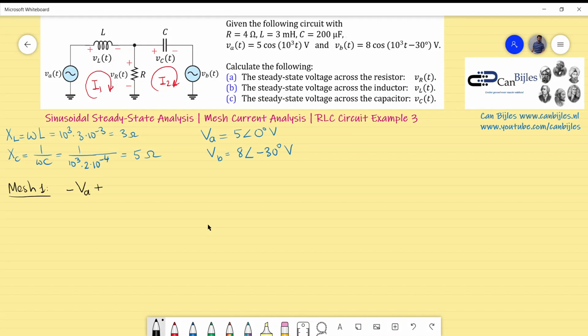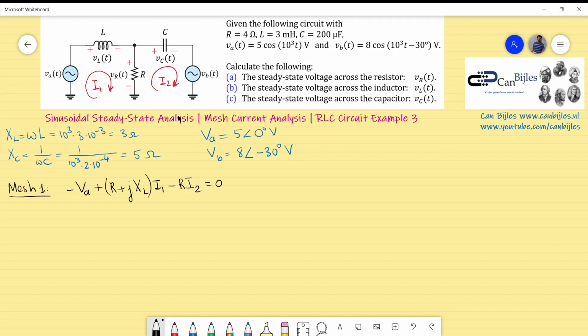Plus, now I have I1, which is in the same orientation for the inductor and the resistor, so it will be R plus jXL, in the complex representation, times I1, but I2 will of course be in the opposite direction, so it will be minus R times I2, and this equals 0.